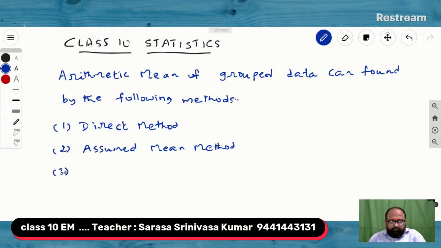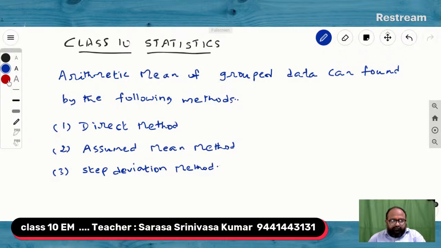And the third method is step deviation method.